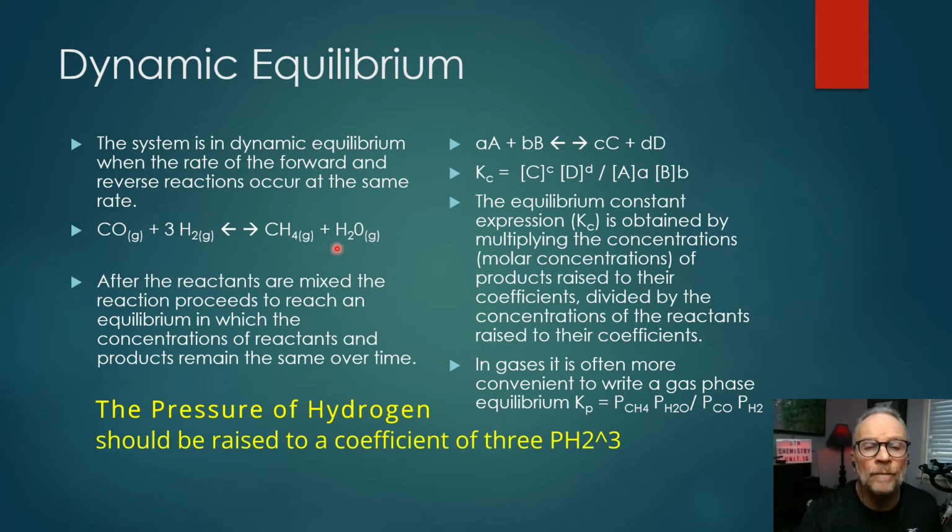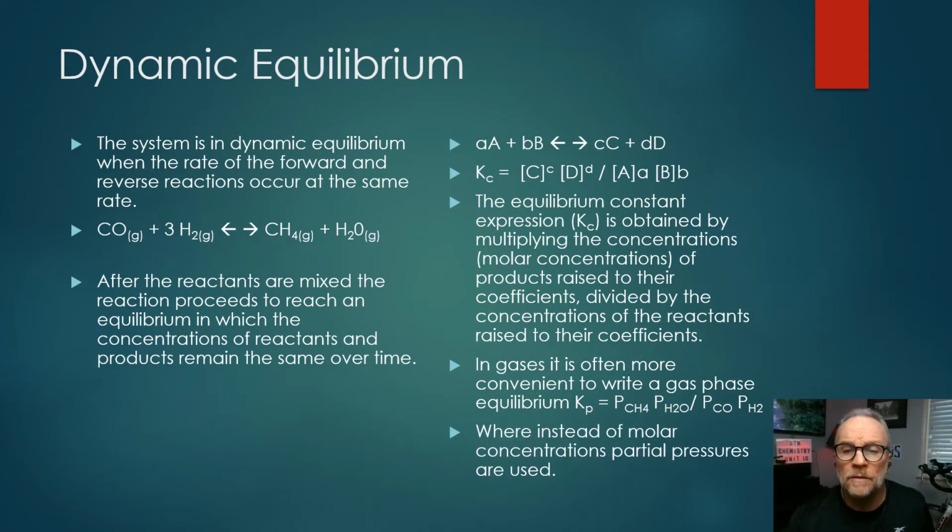So again here, it is products divided by reactants, but instead of molar concentrations, we talk about the partial pressures of those gases in the mix. Okay, so there we go. The partial pressures are used.